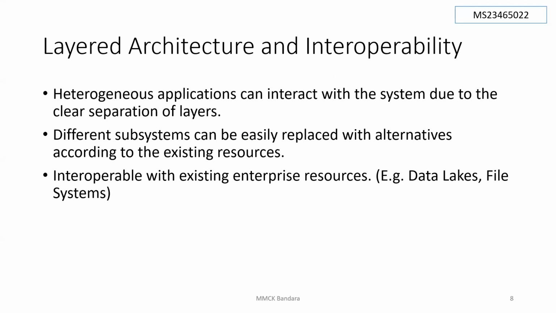Or we can use existing enterprise resources like existing data lakes that may be on AWS S3, or different data warehousing systems, or different file systems like HDFS, or basically log files and flat files. So this kind of interoperability can be achieved due to the modularized layered architecture pattern followed by Apache Spark.